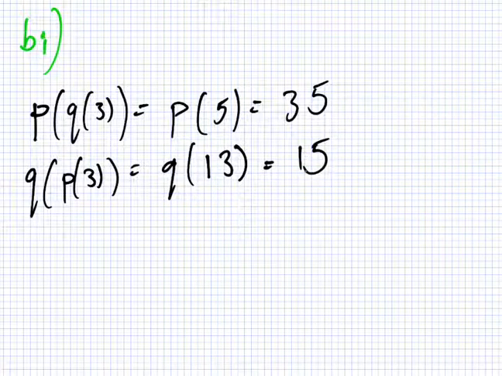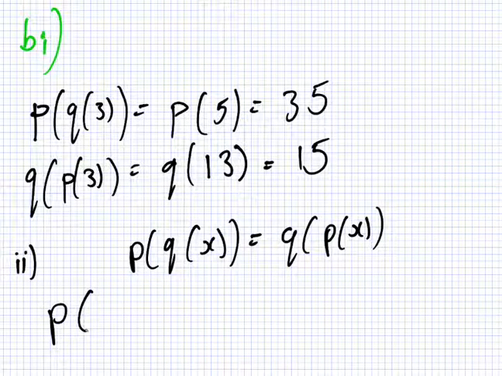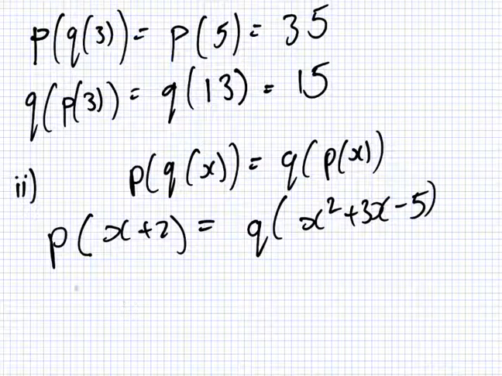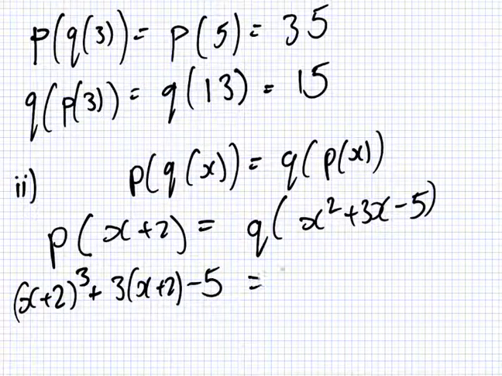Yeah. We might as well do the second part now together. So we want to solve P of Q of x equal to Q of P of x. P of x plus 2, so that would be (x plus 2) squared plus 3 times (x plus 2) minus 5 equals x squared plus 3x minus 5 plus 2.